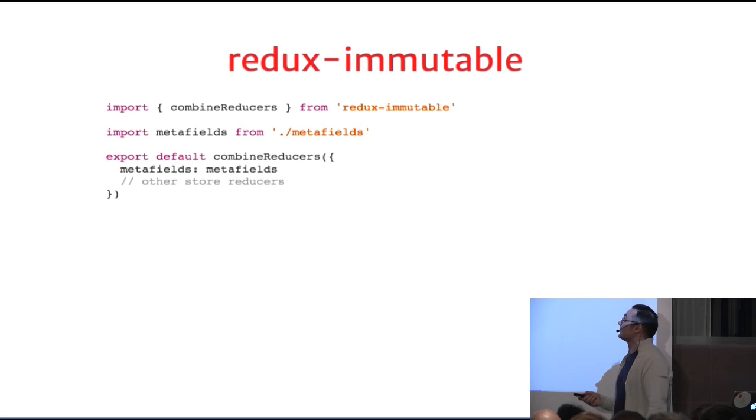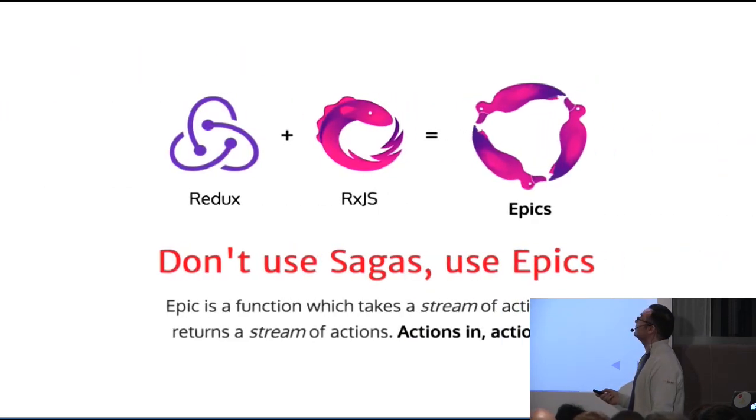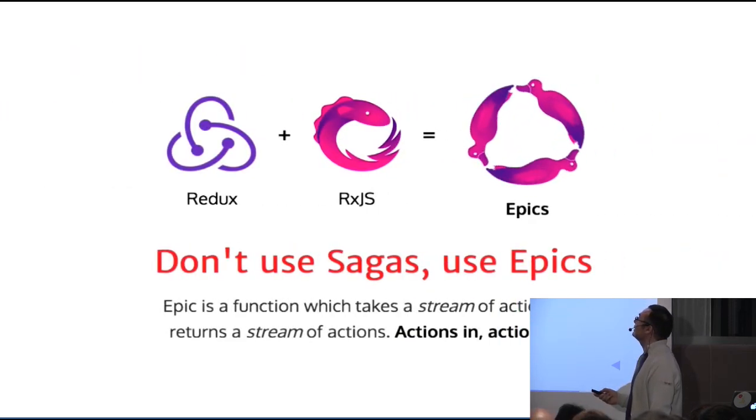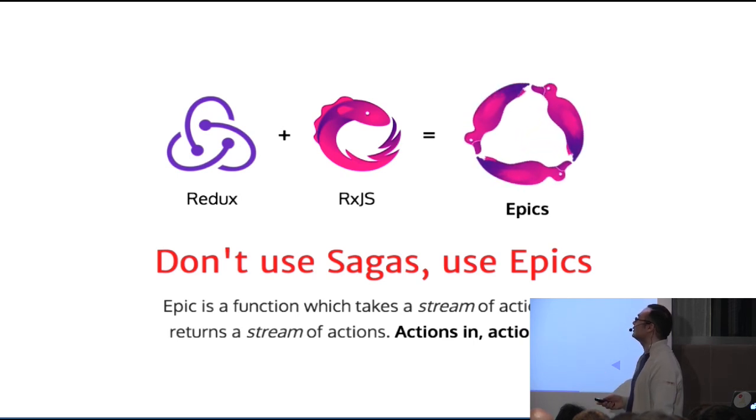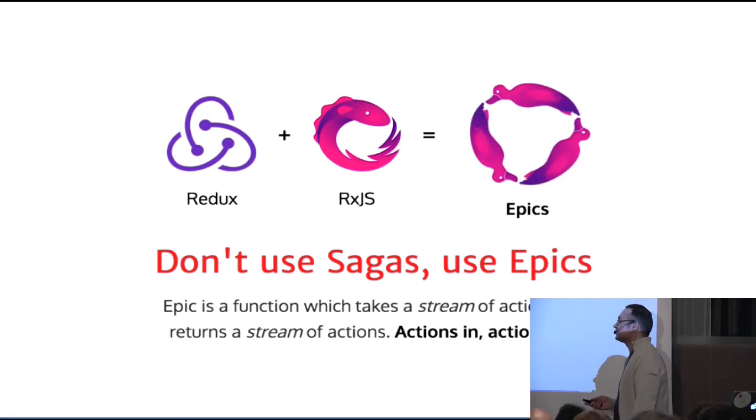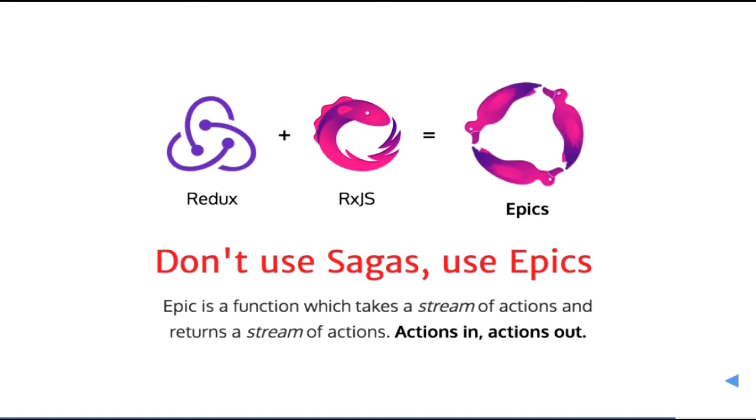Okay. And the most important recommendation: don't use sagas or thunks, use epics. It might sound like gibberish for you right now, but it's one of the most disputed questions in Redux.